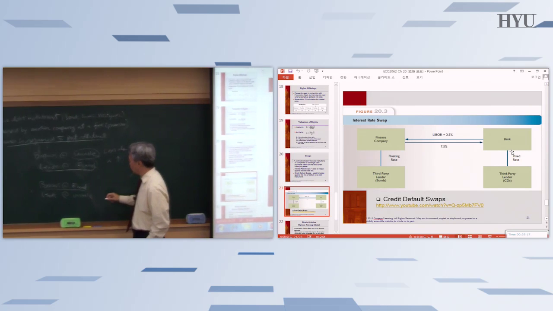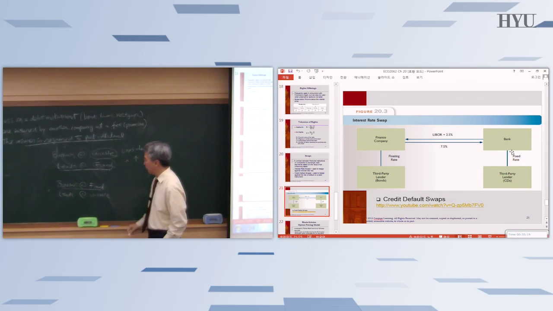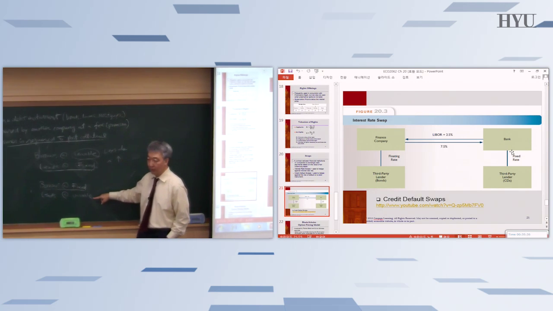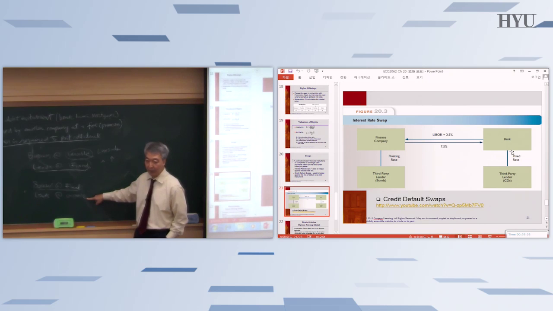So this company will have a problem when the interest rate goes down, because their interest cost is fixed, but when the interest rate goes down, their income from the money they lent will go down.